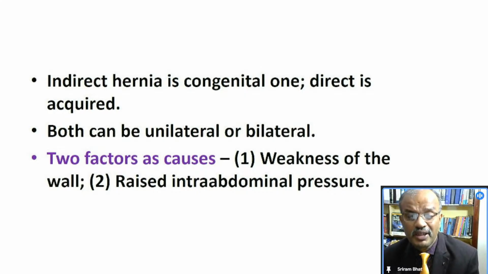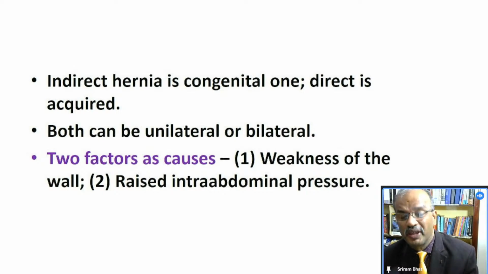Why does this weakness occur? Why is there raised intraabdominal pressure? Then comes collagen, weakening of collagen synthesis. Then chronic cough, ascites, muscle wasting, asthma, tuberculosis, previous tuberculosis.